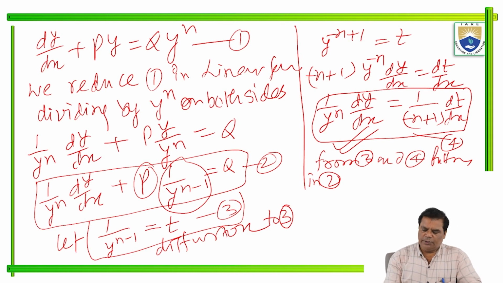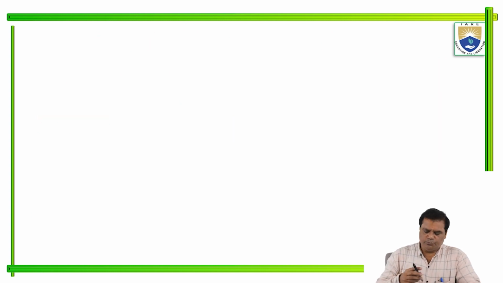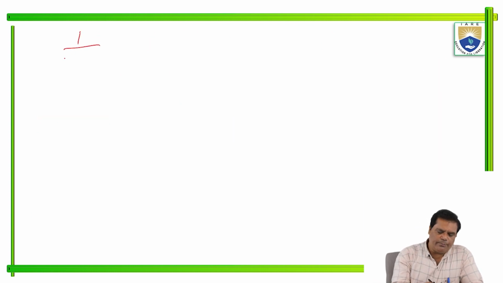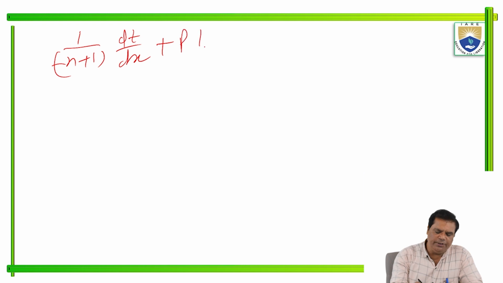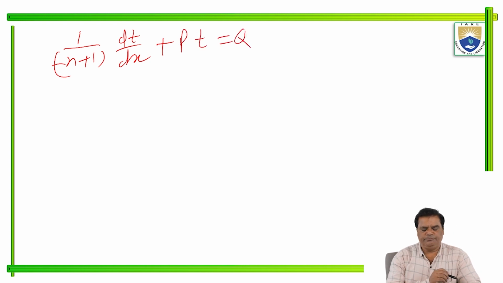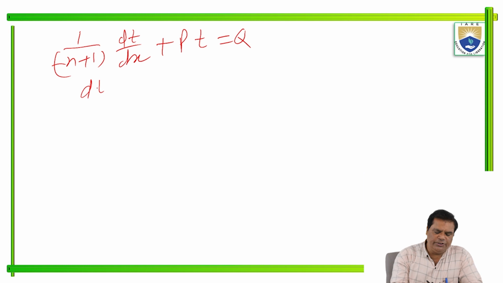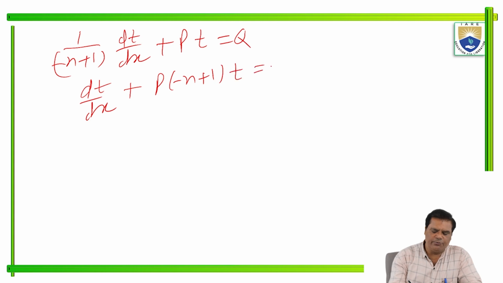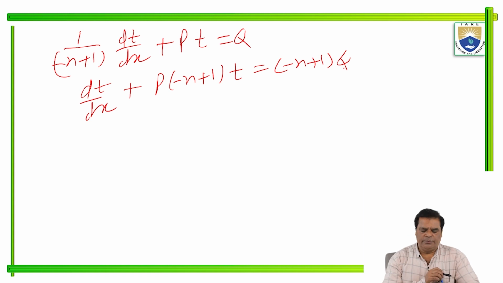So here, putting 1 upon minus n plus 1 and dt/dx, plus pt is equal to q. Multiplying through, dt/dx plus p times minus n plus 1 times t equal to minus n plus 1 times q.